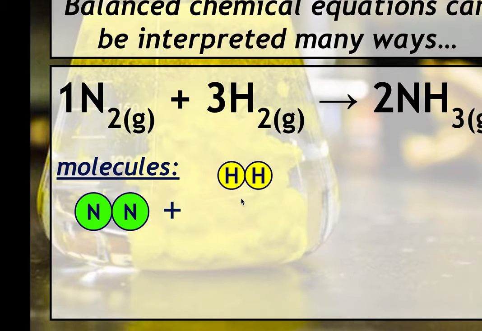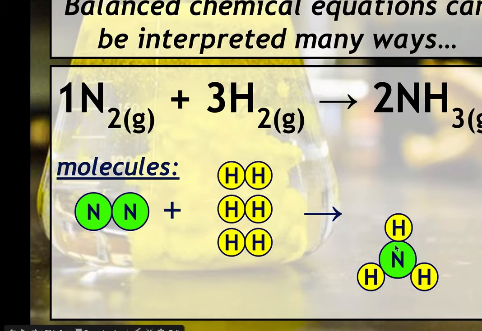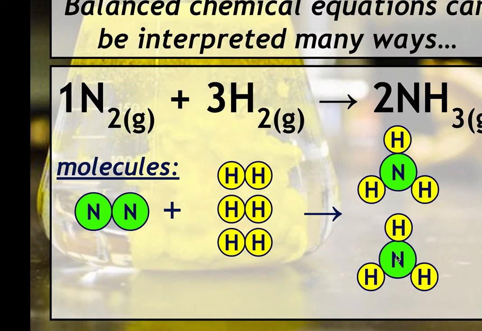So there's our first molecule, second molecule, and third molecule. This will produce 2 molecules of NH3, which is ammonia. And there's the second one.